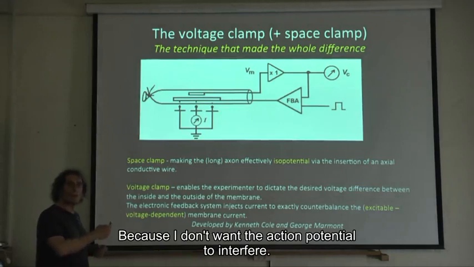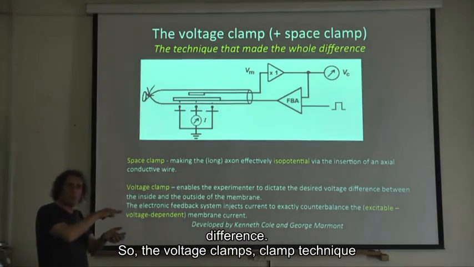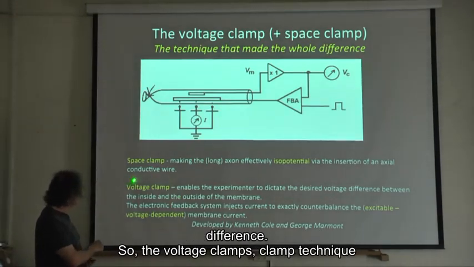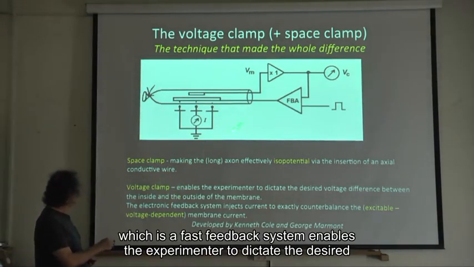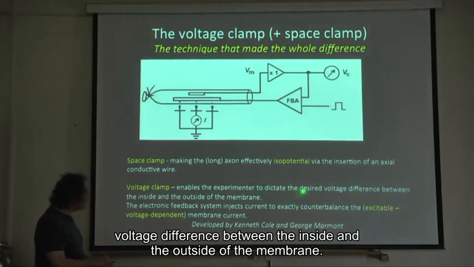Because I don't want the action potential to interfere. I want to see what happens to the membrane at this fixed voltage difference. So the voltage clamp technique, which is a fast feedback system, enables the experimenter to dictate the desired voltage difference between the inside and the outside of the membrane.